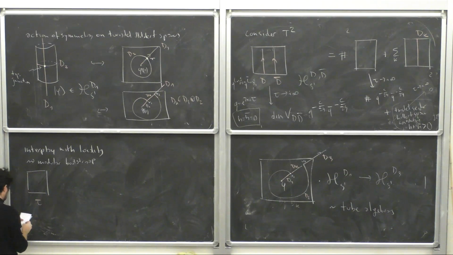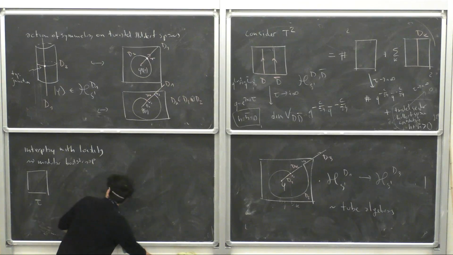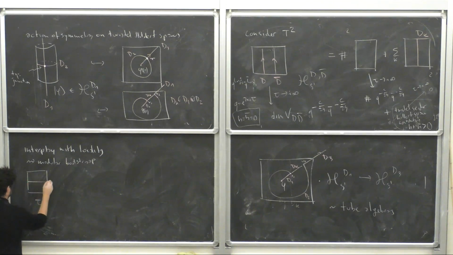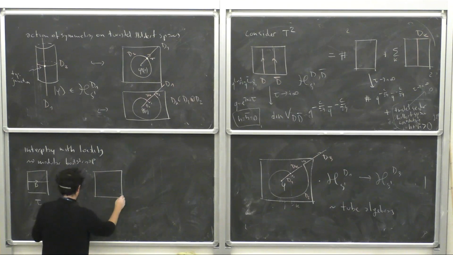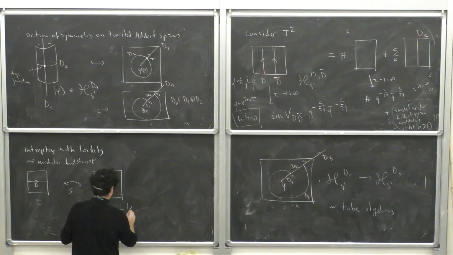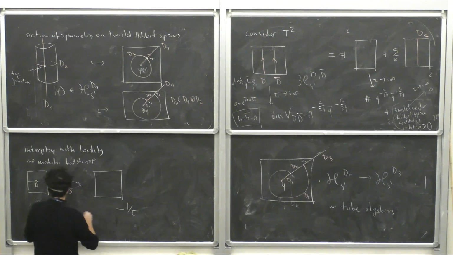So you consider the partition function on a torus, and you consider it with an insertion of D in this direction, but by the S transformation, this is mapped to a partition function on the dual torus with the A and B cycles swapped.